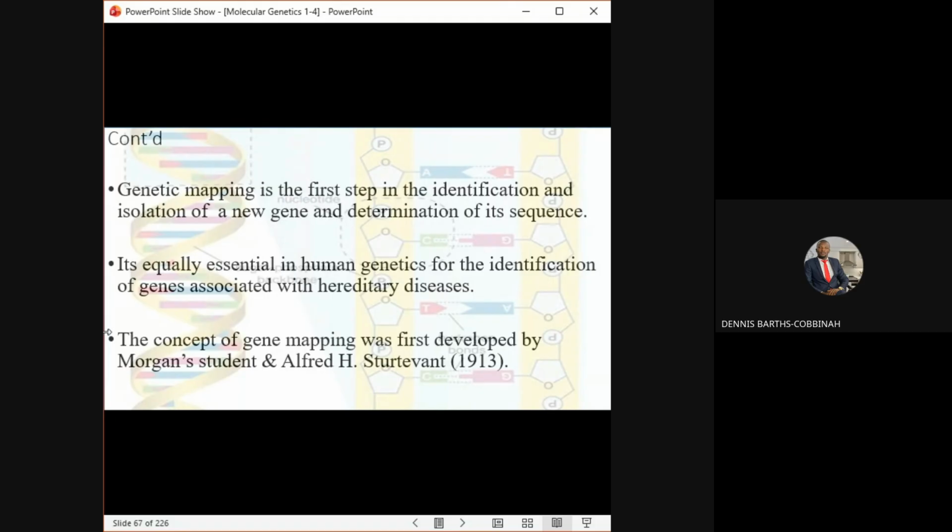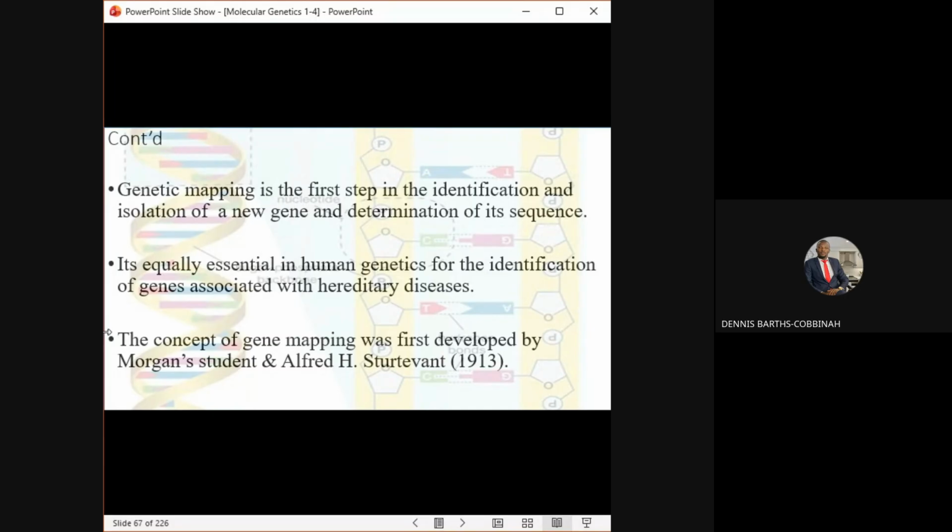It is equally essential in human genetics for identification of genes associated with hereditary diseases. And if you know the sequences of a certain character, you're able to determine at what point a change occurred that caused the defect, or that caused the variation in certain characters.